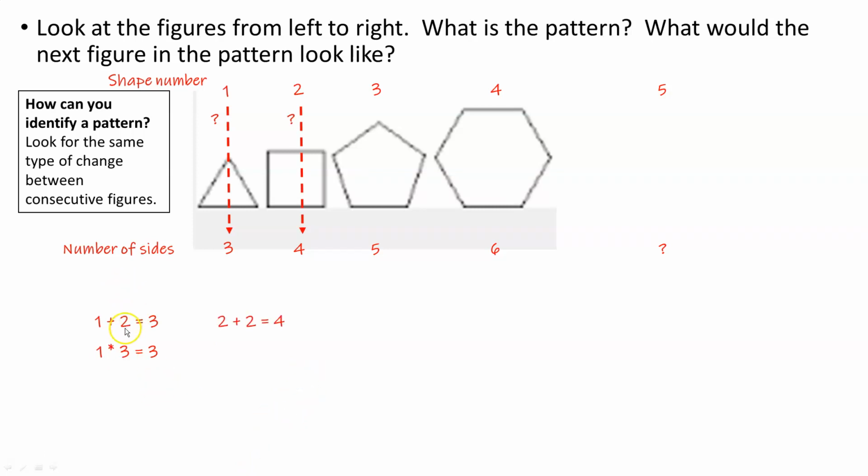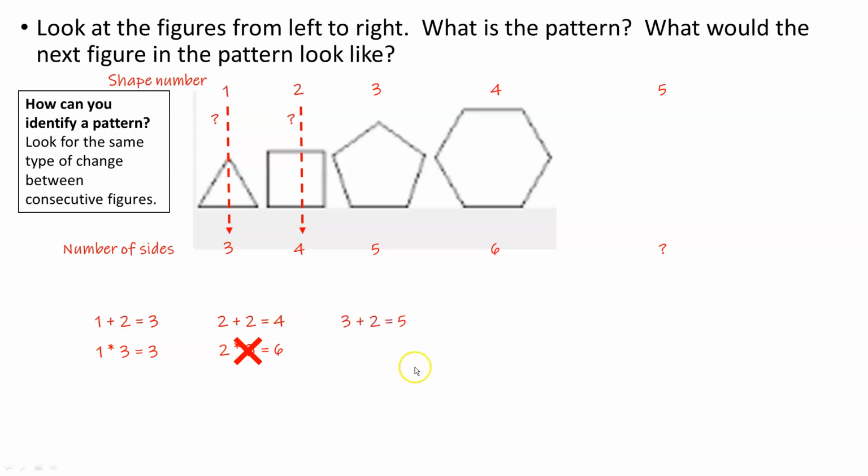Well, let's look at the same two processes. We could do 2 plus 2, just like we did for 1, add 2, we'd get 4. Or we could times by 3, which is how we got 3. But 2 times 3 is 6, not 4. So that won't work. So we're adding 2 to each shape number to get the number of sides.